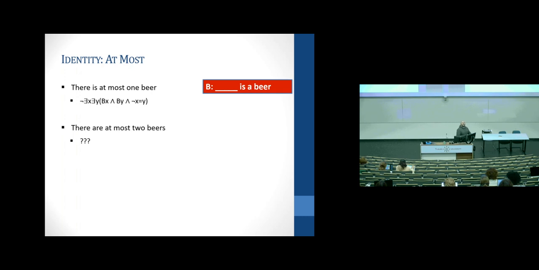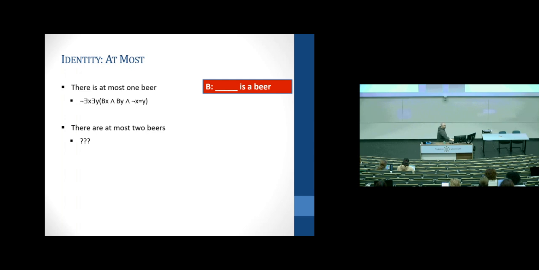But we can also do it another way. And this is a little bit clearer for some people. If there's at most one beer, suppose you've got two quantifiers and you reach into the domain and both of them pull out a beer. Both of them reach in and grab something that is a B. If there's at most one, what must they have done? If both cranes come out and say, hey, I found something that's a B, if there's at most one, they must have grabbed the same thing.